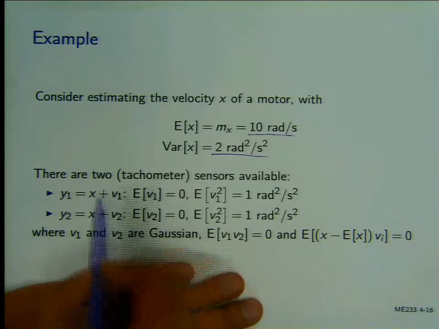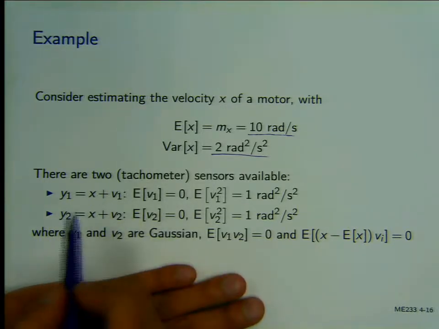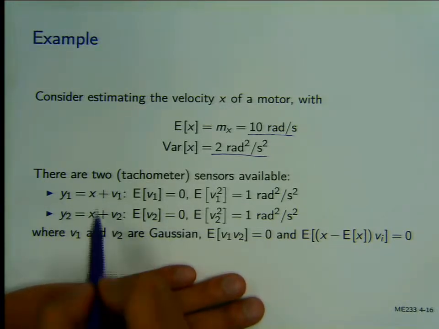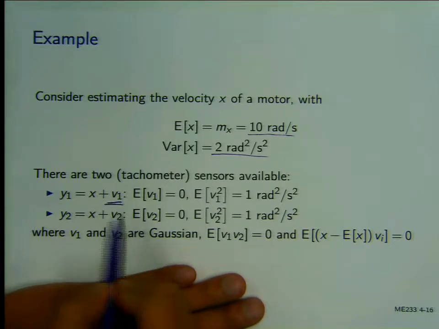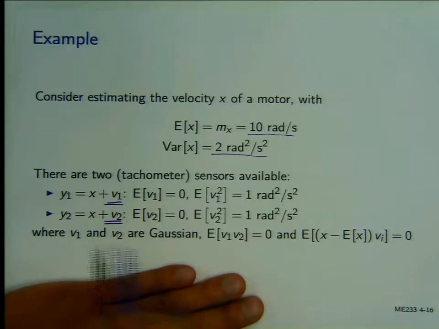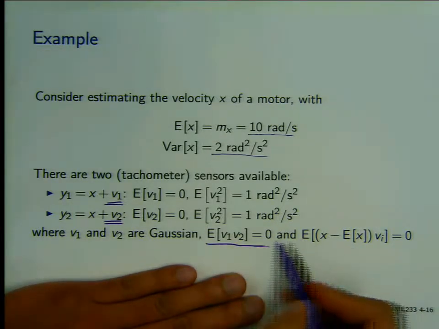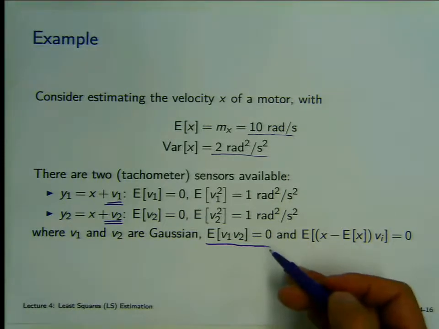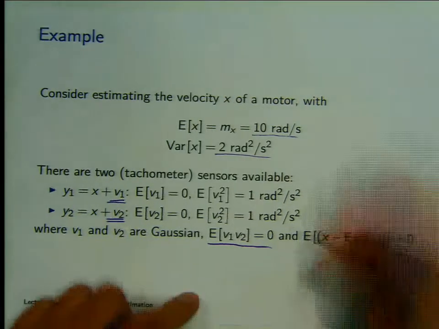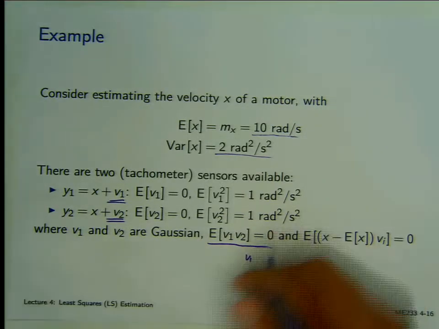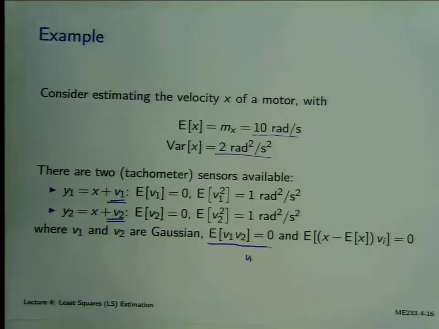This is a relatively easier case. The two sensors both measure x, but with additional noise inside. Suppose v1 and v2, I'm assuming v1 and v2 are uncorrelated.